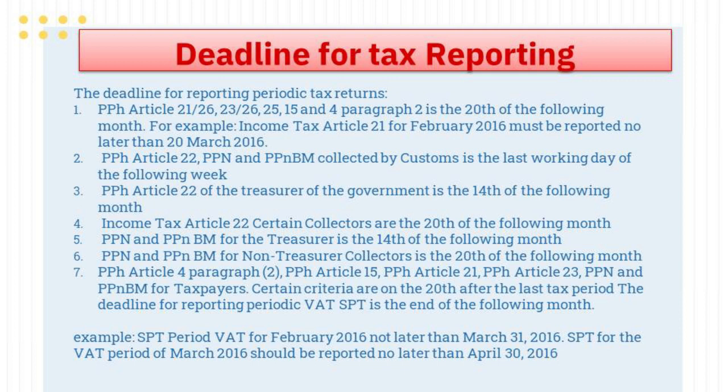The deadline for reporting periodic VAT SPT is the end of the following month. Example: SPT period VAT for February 2016 not later than March 31, 2016. SPT for the VAT period of March 2016 should be reported no later than April 30, 2016.